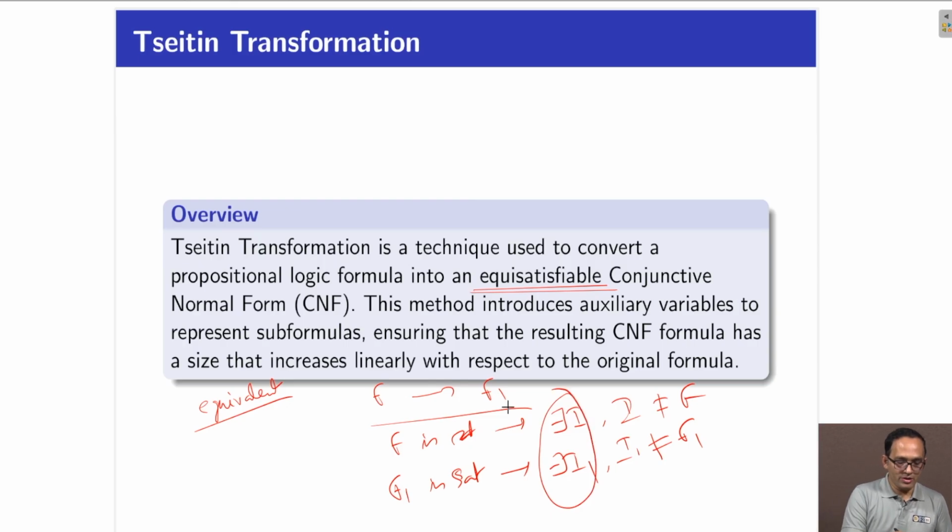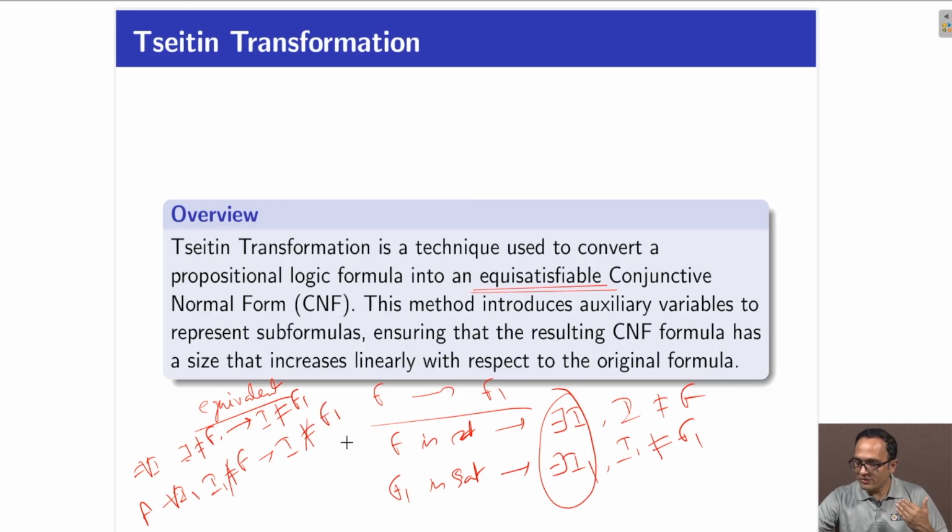Okay. In the equivalent case, they are equivalent if for all I, if I satisfies f then I will also satisfy f1, and for all interpretations I1, if I1 does not satisfy f then I1 will also not satisfy f1.